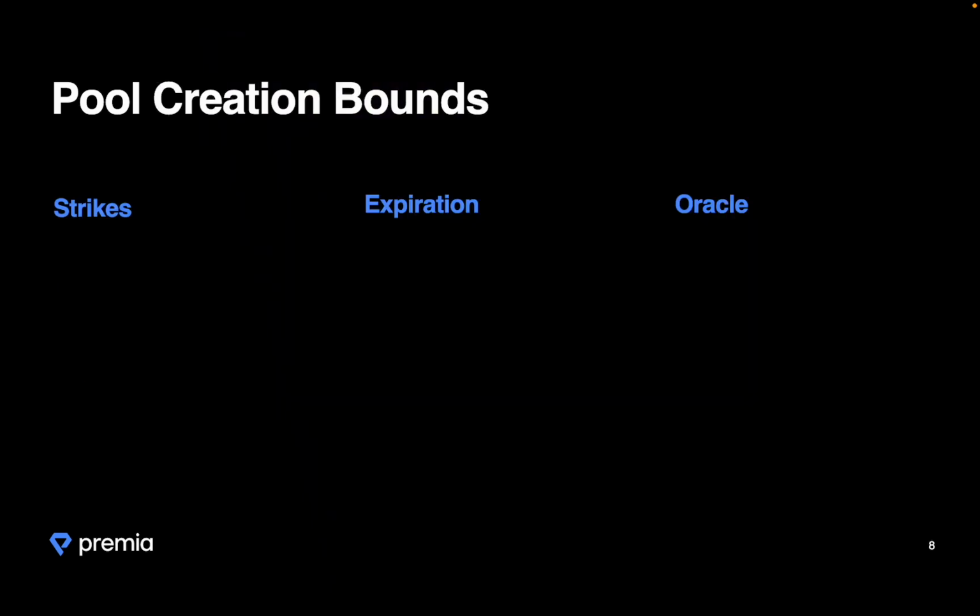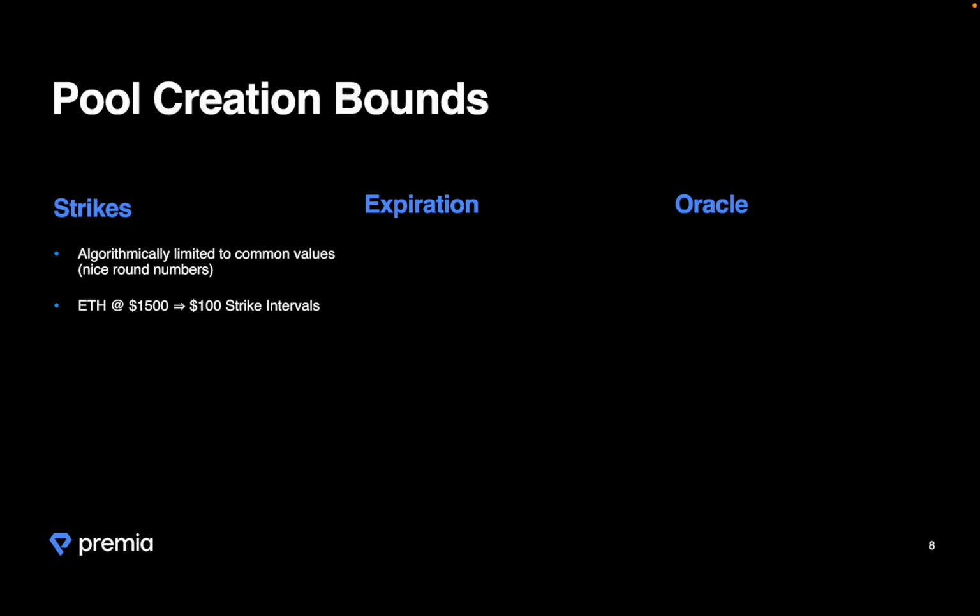So we talked about permissionless with an asterisk. The asterisks are these three components, which are strike intervals, expiration time or date, and oracles. So for strikes, we want to limit strikes to obvious strike intervals, ones that would make common sense. We don't want people creating all sorts of strikes and fragmenting liquidity unnecessarily.